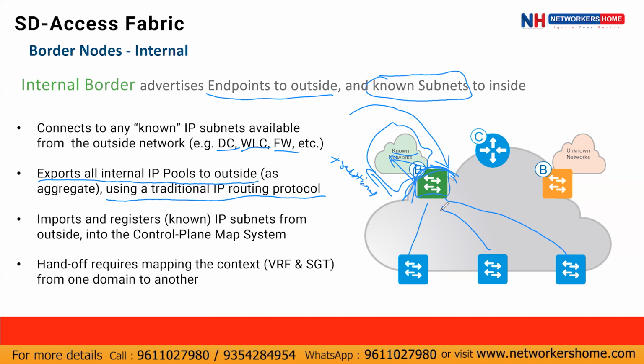Just a quick question. So this border node, can we have it as a VH, like in case we are combining the SD access and SD WAN into the solution for a particular site? Can we have this border node as a VH there? Yes, we can have it, but the complexity increases because that specific device must be capable of handling the load of the VH as well as the border functionality.